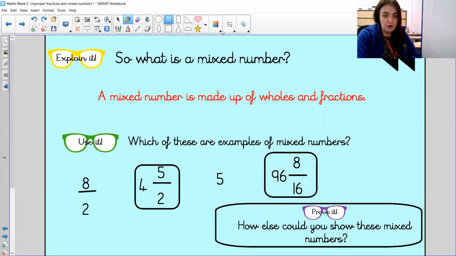So I think this one here isn't quite finished because actually, look here, I've got 5 halves. I think I can make some more wholes there, don't you? So let's just look at what they have done. Let's remember, when we're doing our improper fractions, it's how many wholes can you make? 2 parts make my whole.